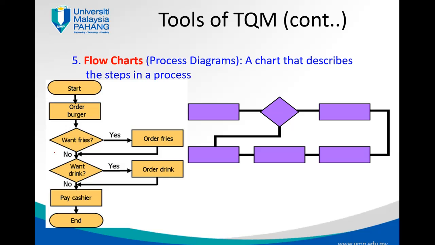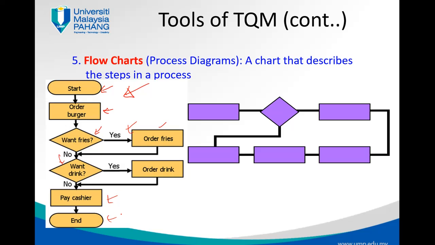Okay, this is the operation or the process of preparing the food. Okay, begin or start, then make the order, then they have an option here, want fries? If yes, order fries, if no, they ask about the drink, okay, and until the payment, then end.